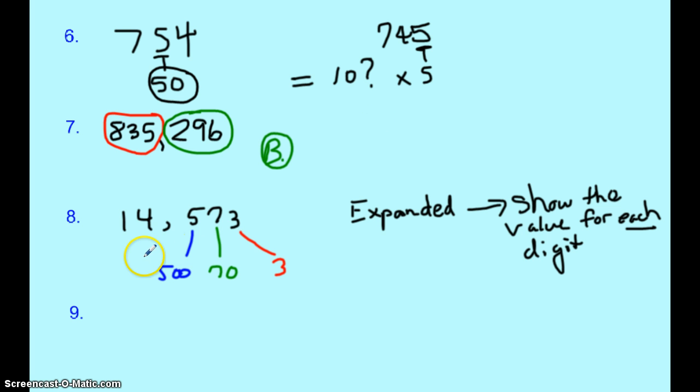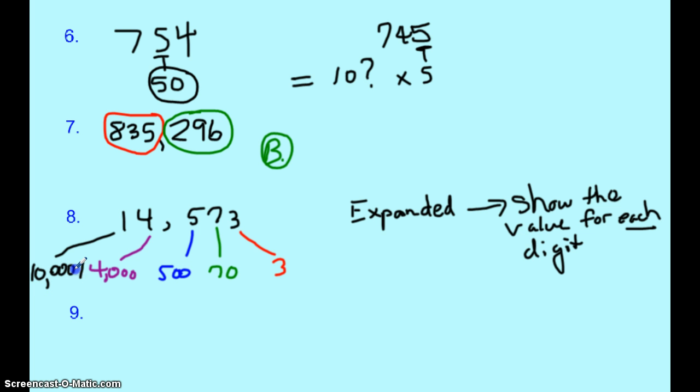The digit in the thousands place is the 4, so 4 1,000s would equal 4,000. And last but not least, the digit in the 10,000s is 1, so 1 10,000 is 10,000.